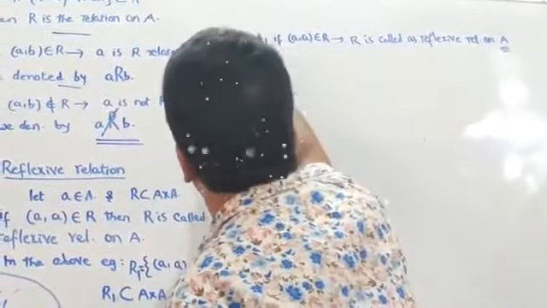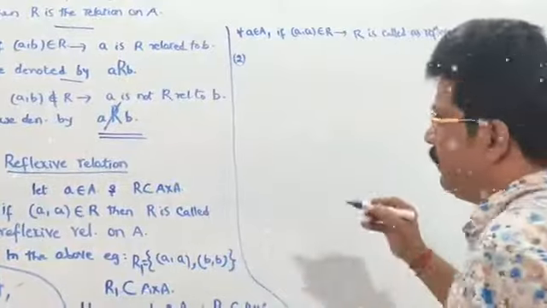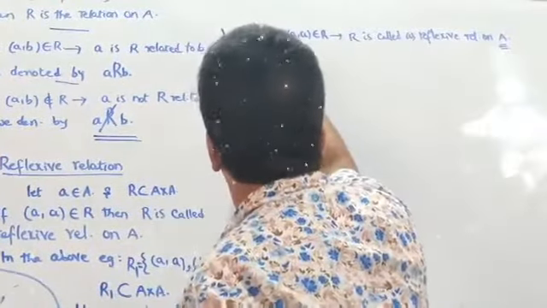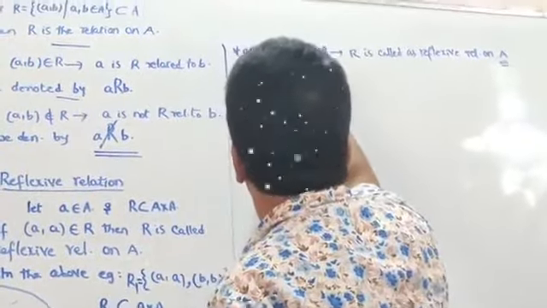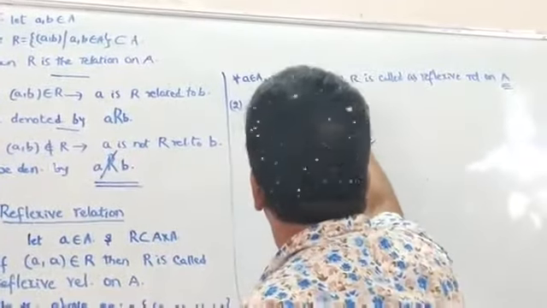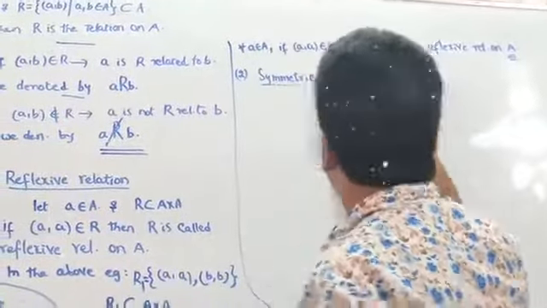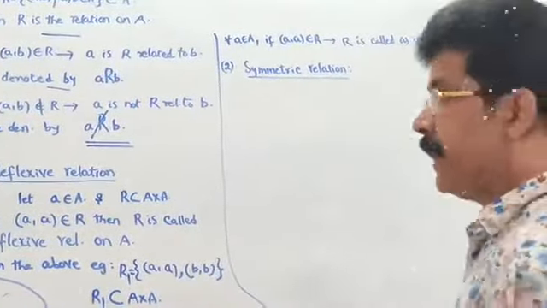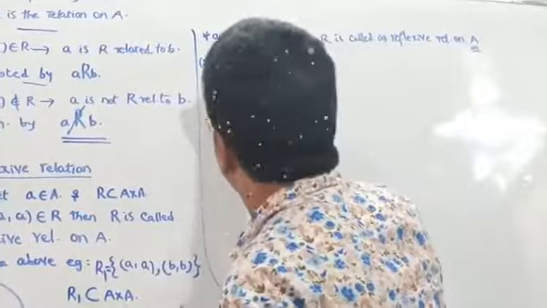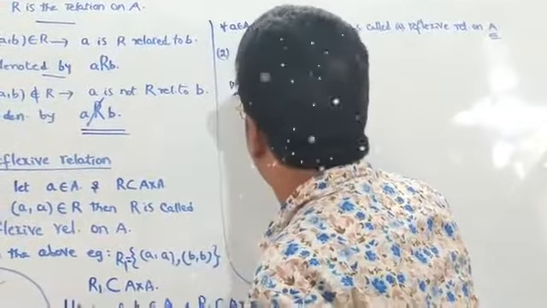Next, number two, symmetric relation. Symmetric means, for example, the first definition.